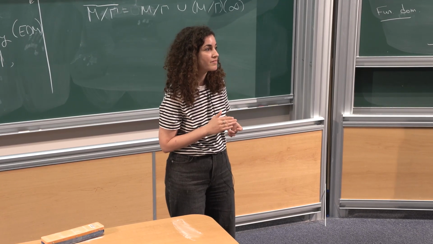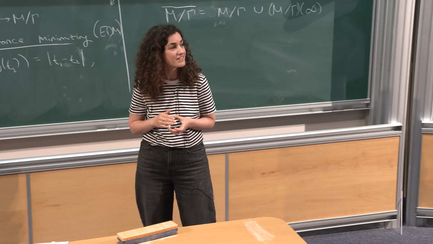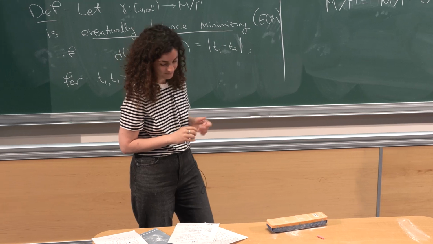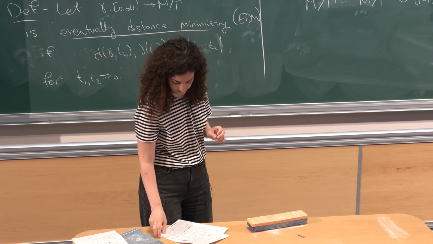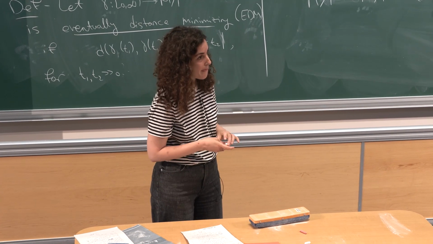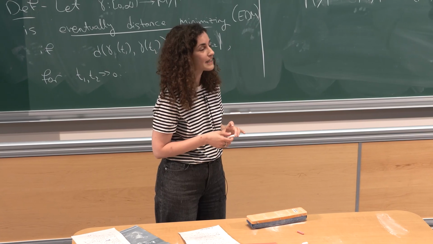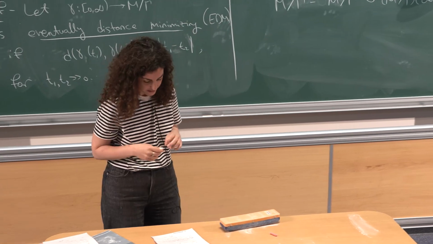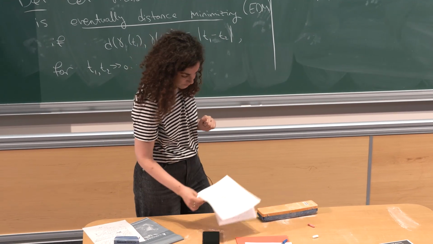We can also identify it with the Q-tip boundary modulo that. And this is compact, right? M mod gamma bar? Yes. So this is the compactification, which turns it into a compact set when we add the boundary components.